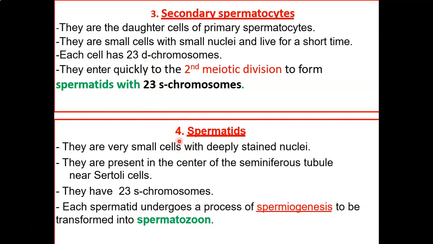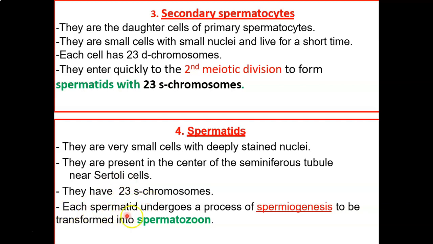The cell number 4, spermatid. Spermatids are very small cells with deeply stained nuclei. They are present in the center of seminiferous tubules near, adjacent to Sertoli cells, and they have 23 S chromosomes.